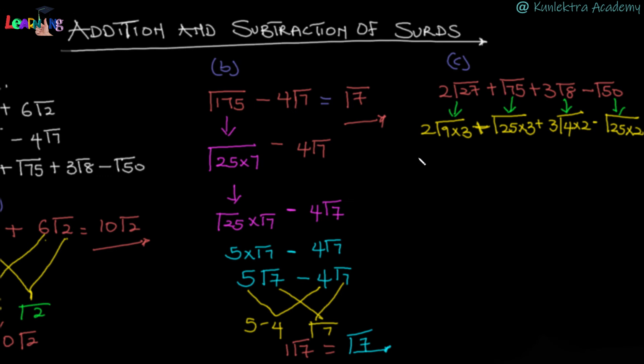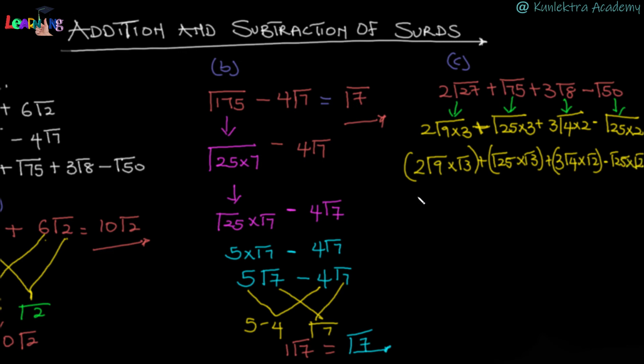Now let's follow the pattern. You have 2 root 9 times root 3, which can be split, plus root 25 times root 3, which can be split, plus 3 root 4 times root 2, which can be split, minus root 25 times root 2, which can be split.